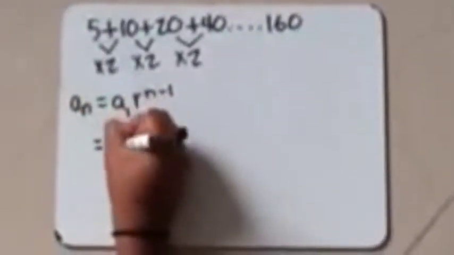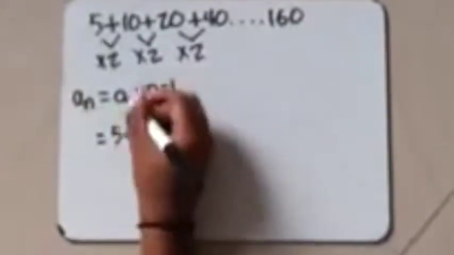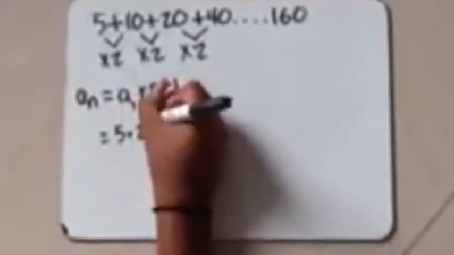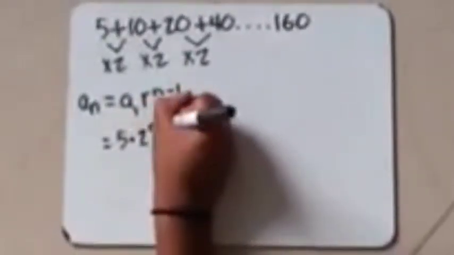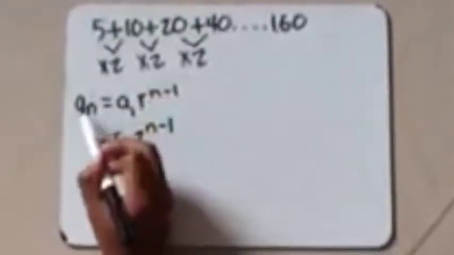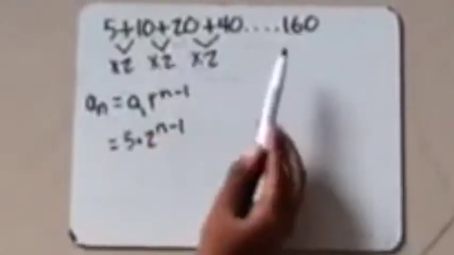So let's plug in the numbers to the equation. Like we said earlier, r would be 2. a1 is the first term, which is 5. Don't forget that they're multiplying by each other. And n remains n because it's the nth power, and that's what we're looking for, minus 1. And an is any of these terms, but we're going to choose 160.